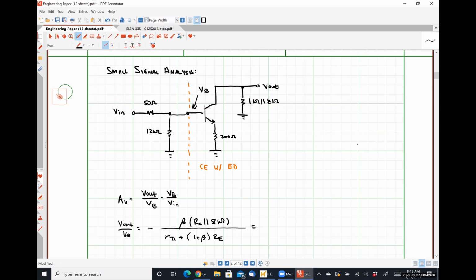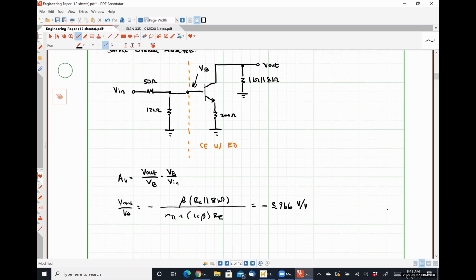And I get a gain of negative 3.966 volts per volt. We don't really particularly need the unit. Anybody else get anything similar? Yes, okay. All right.